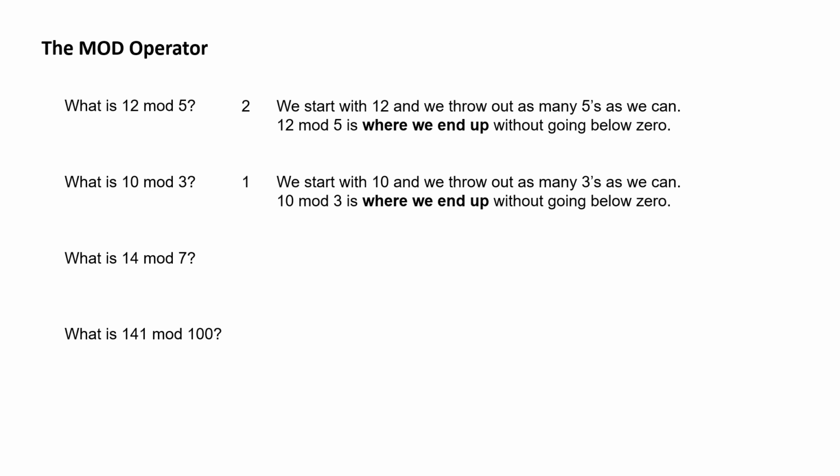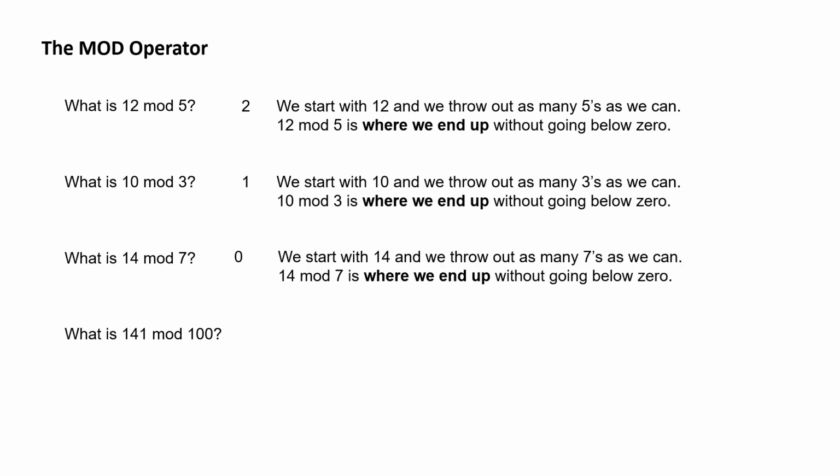So 1 would be the remainder, and that's the value. 14 mod 7: we throw out as many 7s as we can, and we can throw out all the way down. We can get down to 0. Since 14 is a multiple of 7, we can throw out 2 of those, and then we end up at 0. So in this case, we have a remainder of 0. That's where we end up after we throw out as many 7s as possible.